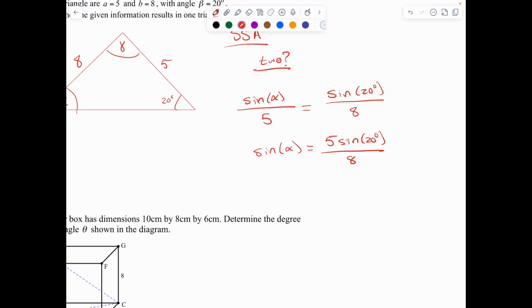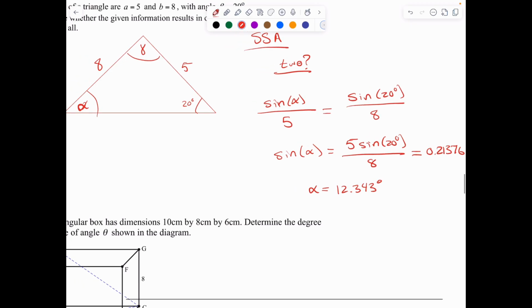And this gives me that the sine is 0.21376, and alpha is equal to 12.343 degrees.